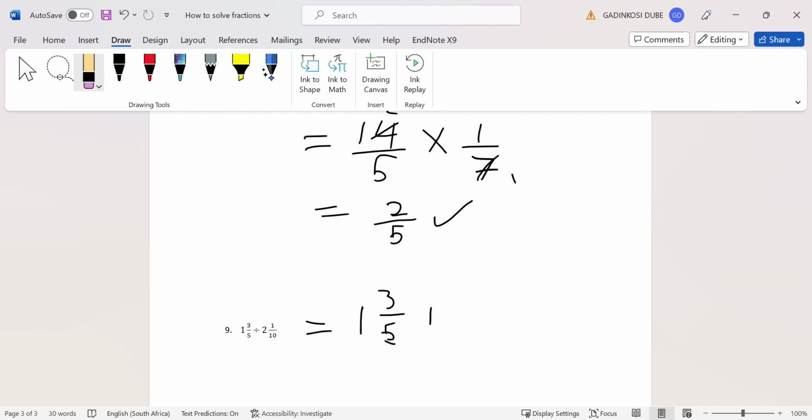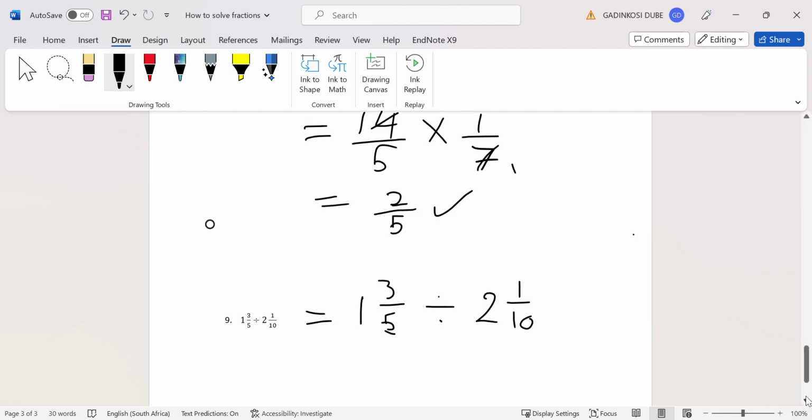And then you've got divided by 2 and 1 over 10. So you convert these to top-heavy fractions first.